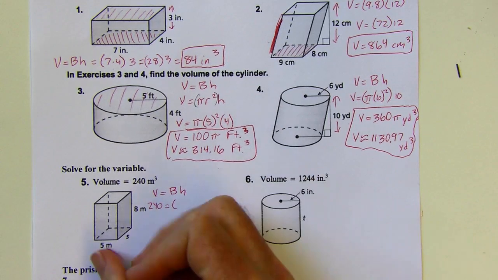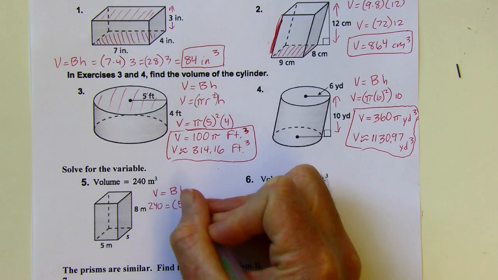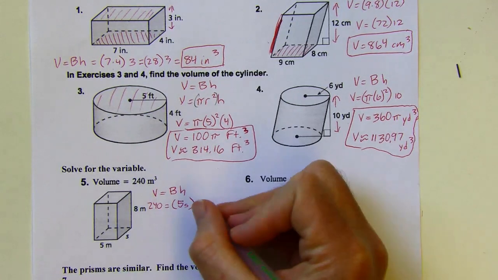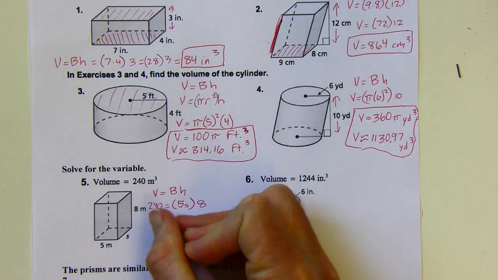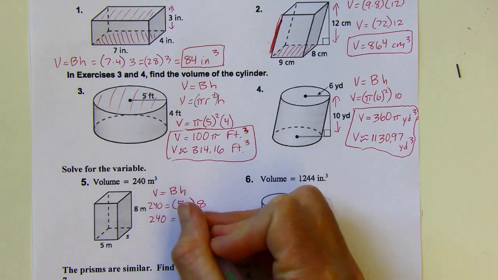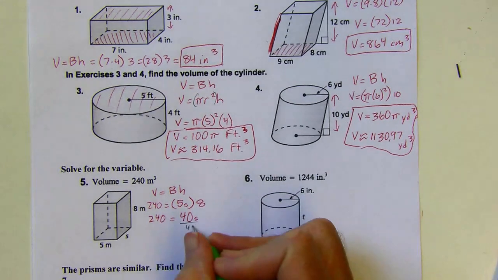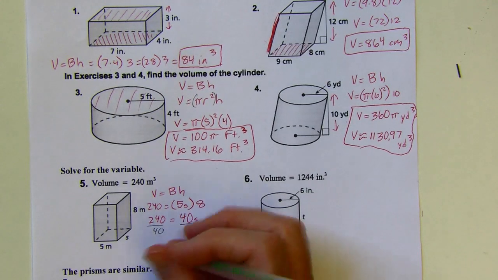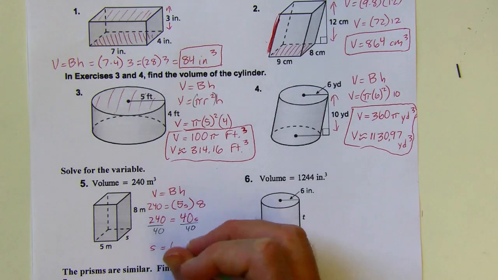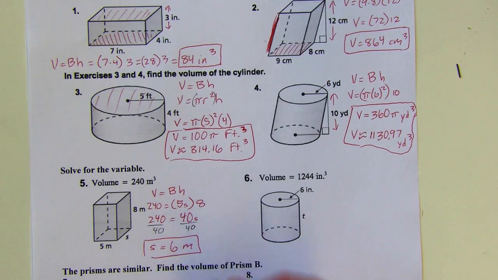My base I would get by 5 times S. And then my height would be 8. So let's solve this for S. So 240 is going to equal 40S. Divide by 40. And I'm going to get 6. And it's going to be the same units as the other dimensions, so 6 meters.